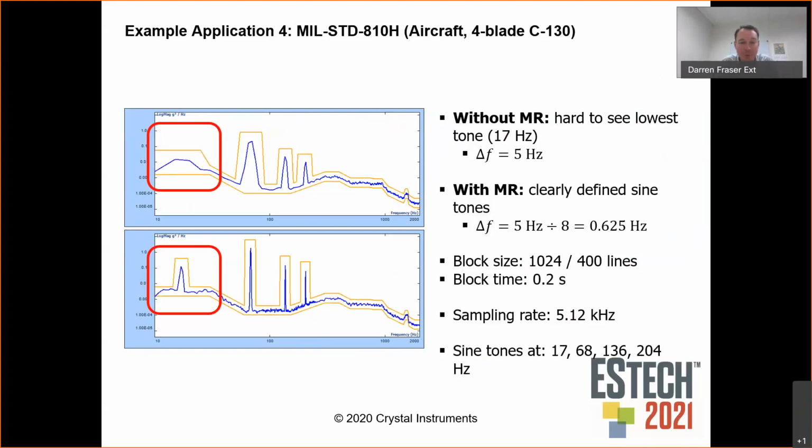If we increase that frequency resolution using multi-resolution, you can see that we can get at least up to 8 times better, or a little over half a hertz resolution. And when we do that, the 17 hertz sine tone suddenly starts to become much clearer.